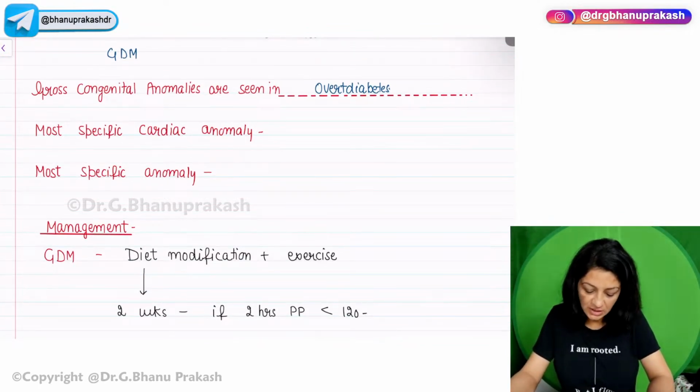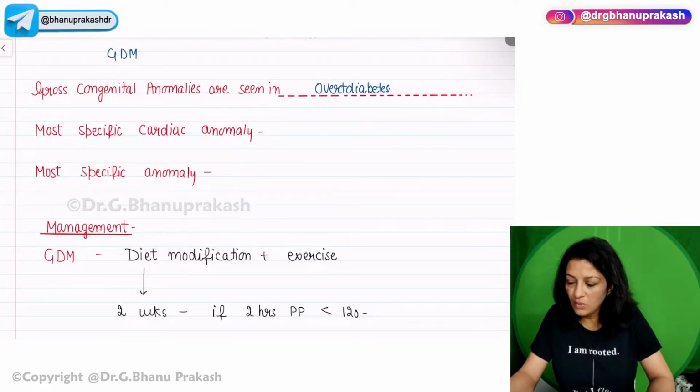Overt diabetes. Okay, tell me the most specific cardiac anomaly.